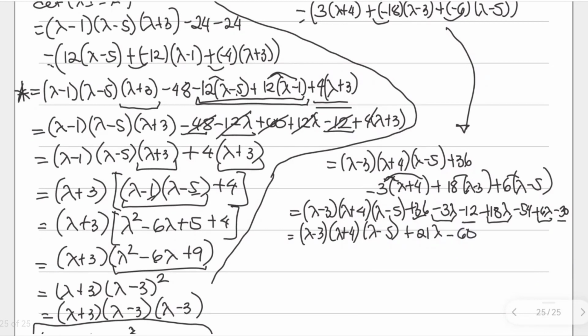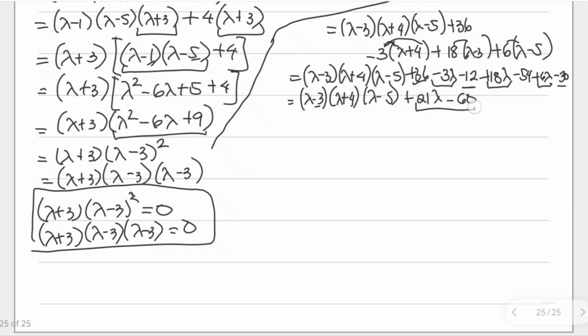Now we can see here that if we factor out 3 here, this will become 7 lambda minus 20, right? But nothing can still be factored together with this, hence it will not help us. This is one of the few examples where you can manipulate the product of your 3 binomials so that you could see later if there's something that you could still further simplify.